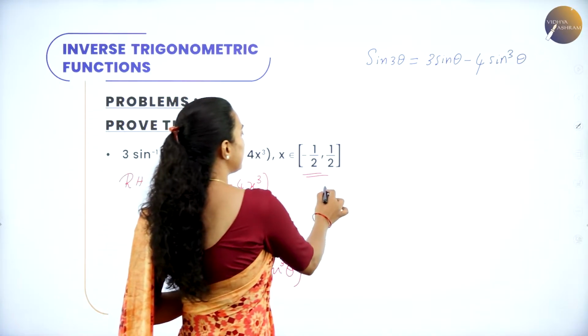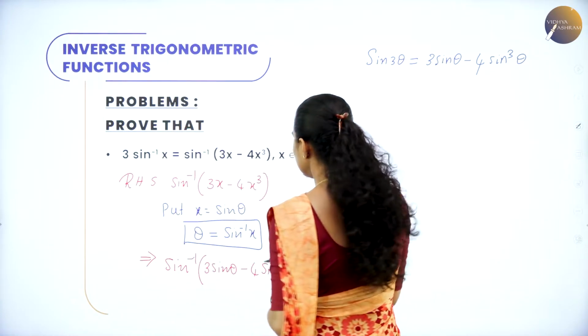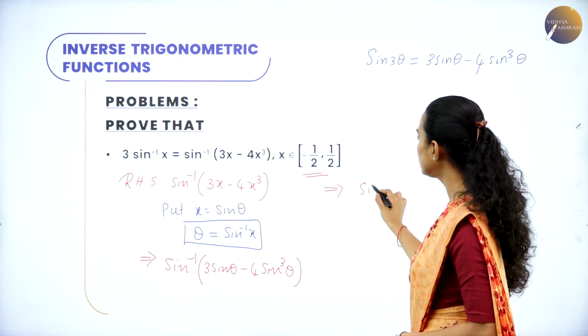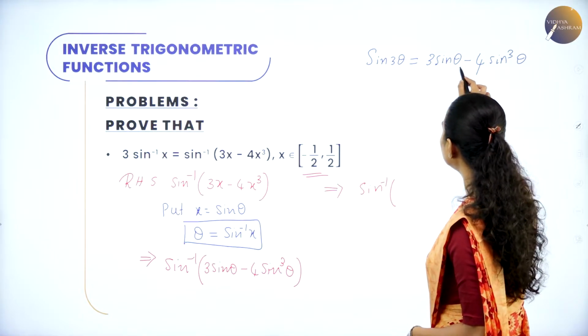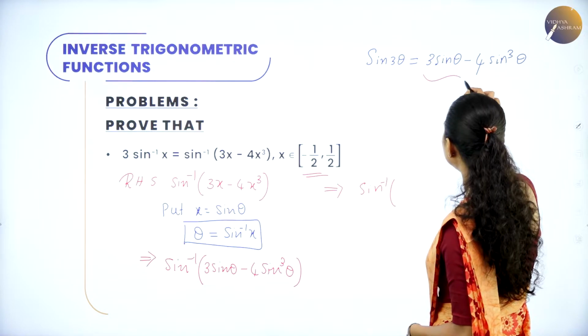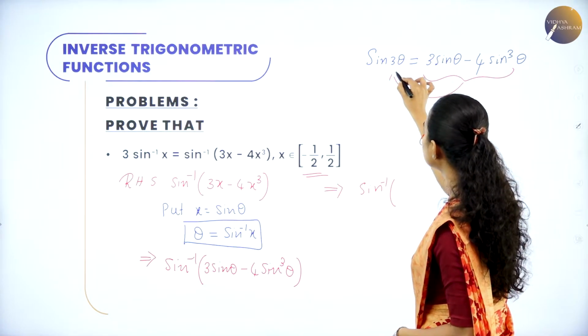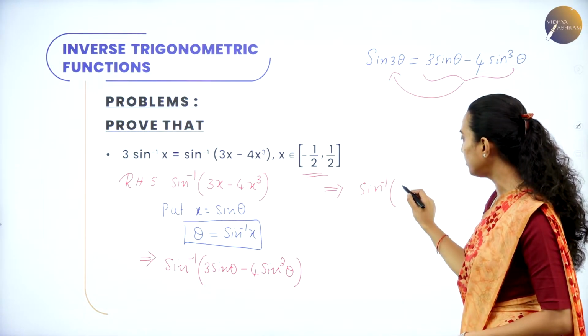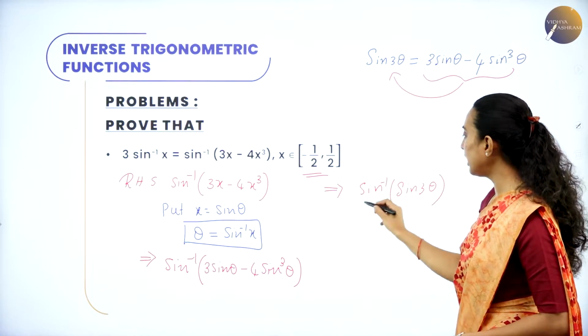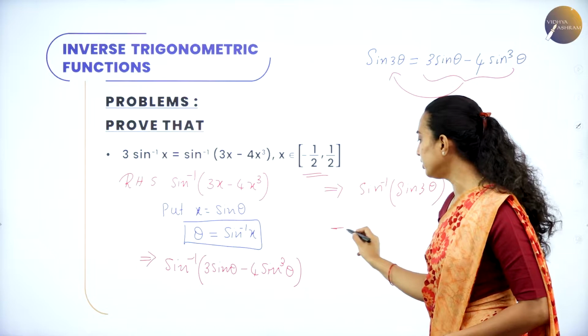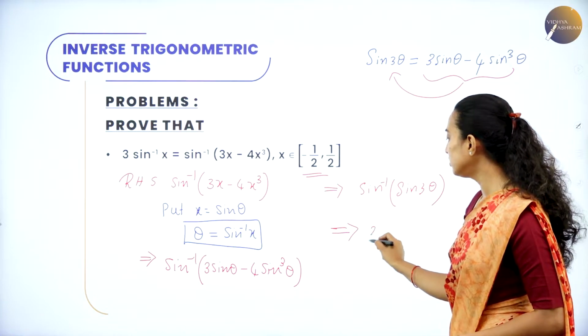So which implies that, I can write it sine inverse of, you can see formula what I have written, 3 sine theta minus 4 sine cube theta can be written as sine 3 theta. Therefore, I am going to replace here as sine 3 theta. So sine inverse sine will go, you are going to remain with 3 theta.